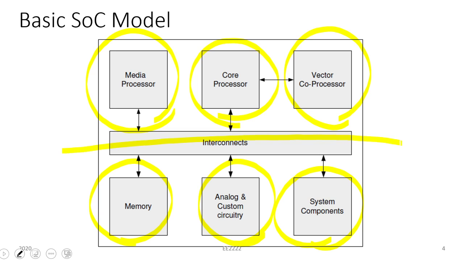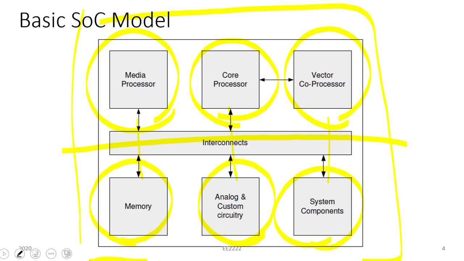And all of these things are interconnected using some common bus or a number of buses. So whatever the computer architecture that you may see as a von Neumann computer architecture, for example, most of those components will already be built inside a single chip here. So this single chip is going to be able to function as most of the components that you would need to set up a computer.